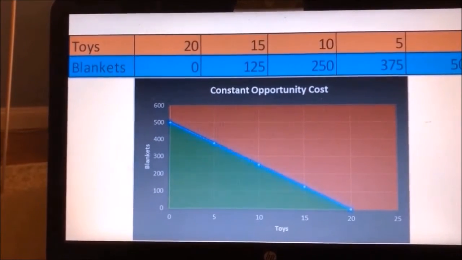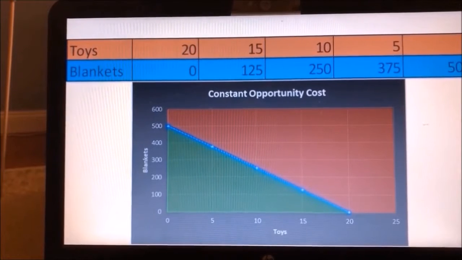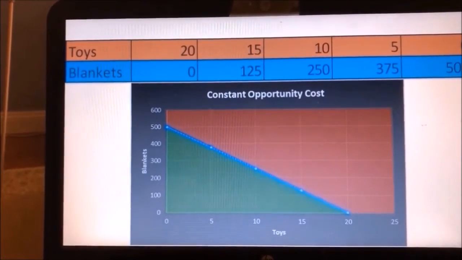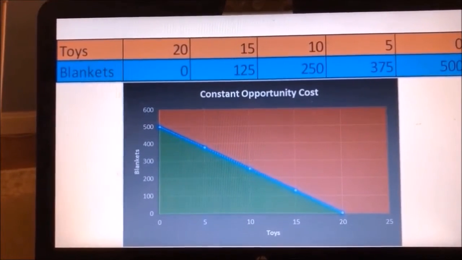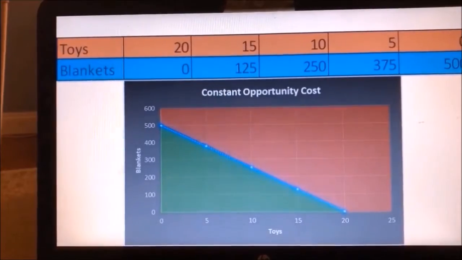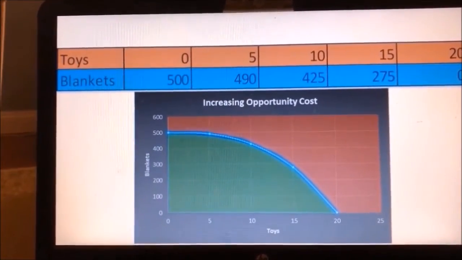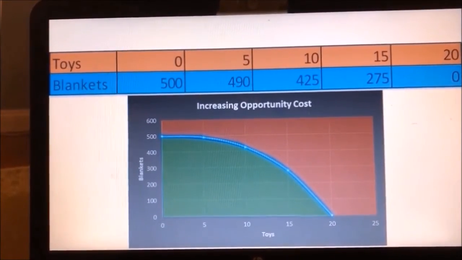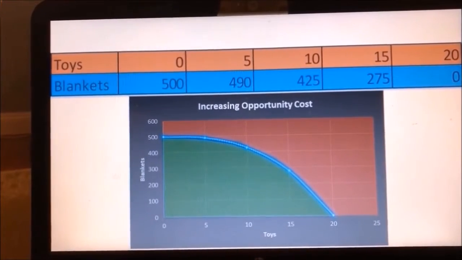This is also considered a constant opportunity cost, as when we make less than 5 toys, every 5 toys we make less, we can make an additional 125 blankets. On an increasing opportunity cost, as we make more and more toys, the number of blankets we give up is different.